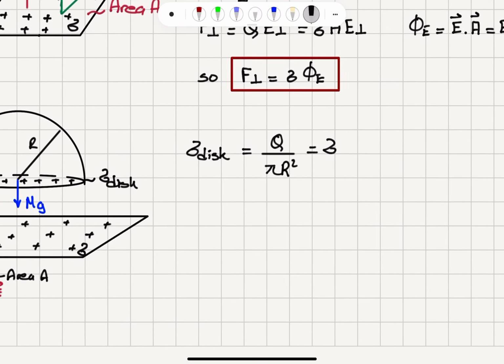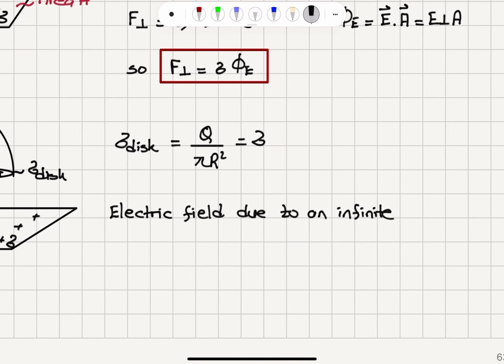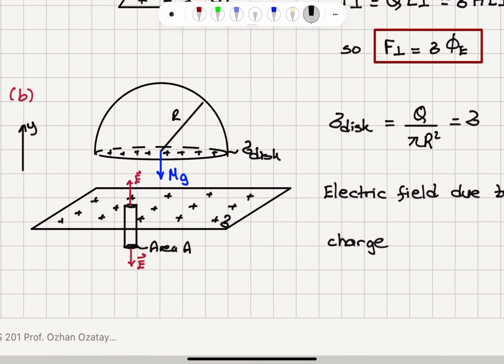So we're going to worry about the electric field created by an infinite sheet of charge, because it says it's a large plane, we're treating it as infinite. How can I find this electric field?